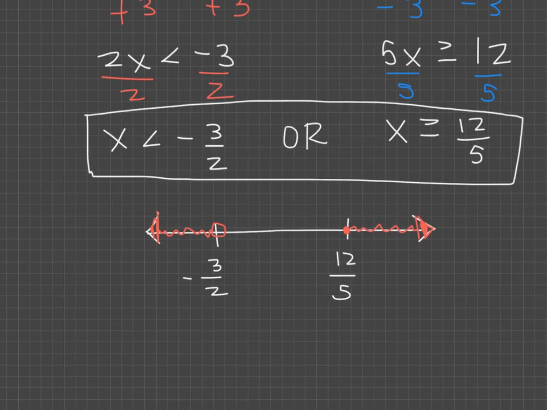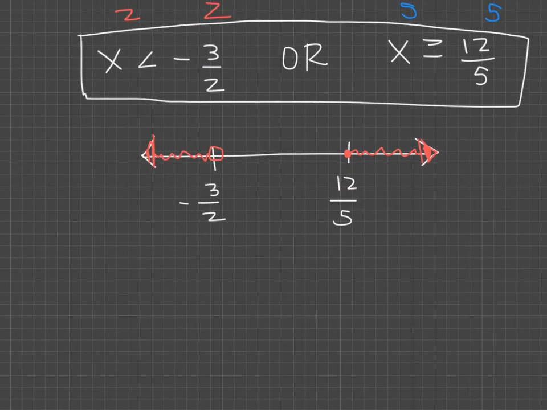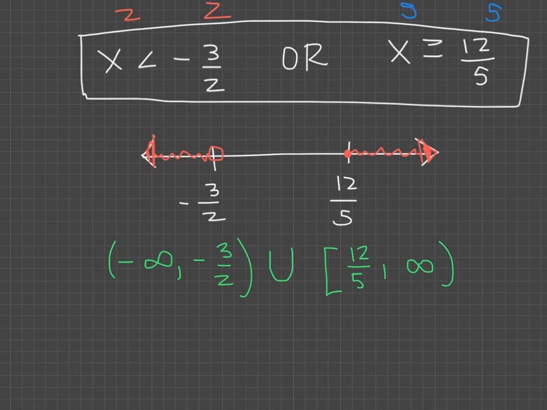So that also means we can't write just one interval. So the interval for x less than negative 3/2 is going to be negative infinity to negative 3/2, but not including it. So a parenthesis, and then it goes from 12/5, including it, to positive infinity. Now, to show that these are part of the same interval, we put this U in between.